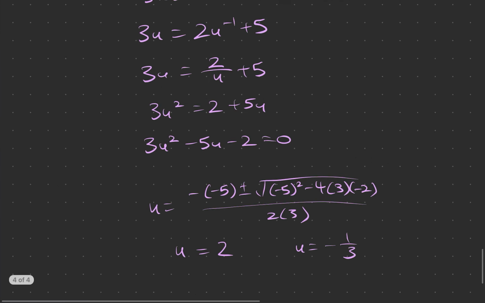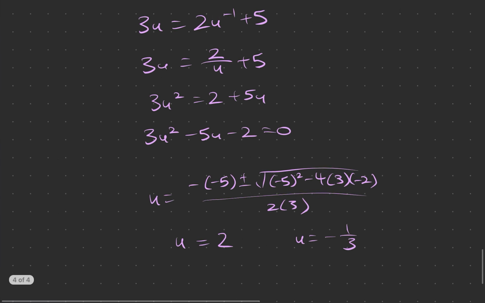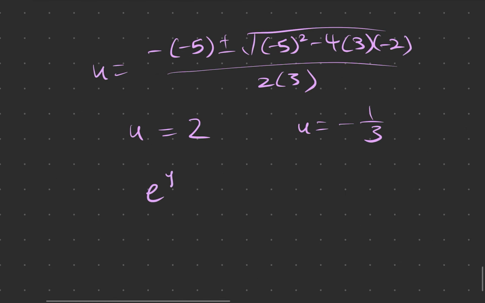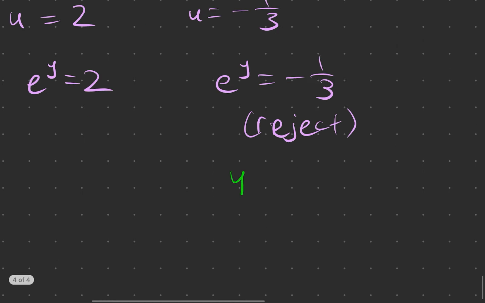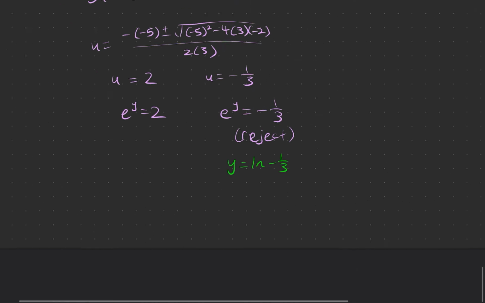I'm going to put it back to the original value, which is e to the power of y. So e to the power of y equals 2, and e to the power of y equals negative 1/3, sorry. We're going to have to reject this because if we were to use logarithm, our argument would be a negative number, so we can't do that.